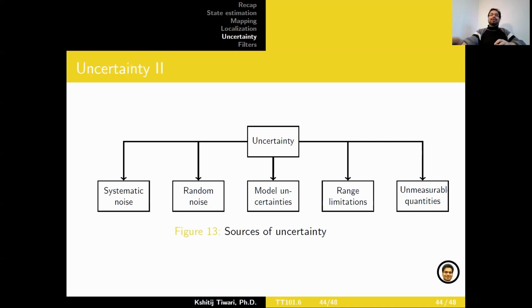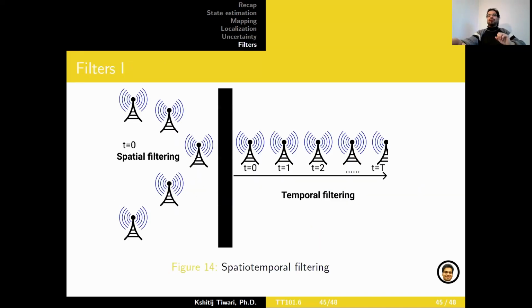And the solution to that is to look into what are called filters. Now, filters are broadly classified into three different categories. There is spatial filtering, which means at any particular time instance, there are multiple sensors. Not necessarily the same sensor, it could be a heterogeneous collection of sensors, or homogeneous.